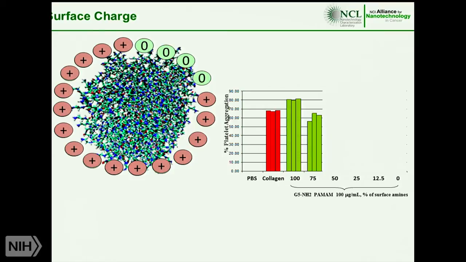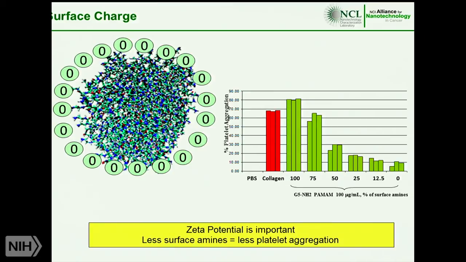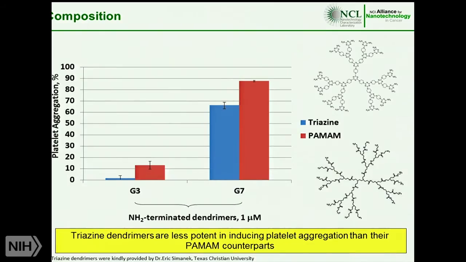We saw a decrease in reactivity. Then another 25% is blocked, and we see again a decrease in platelet aggregation. And as we keep masking the amines on the particle surface and completely neutralize the surface, we completely neutralize the reactivity of these particles with the biological membranes. So again, this case study demonstrates that zeta potential is important. The fewer the surface amines, the less their reactivity with platelets.